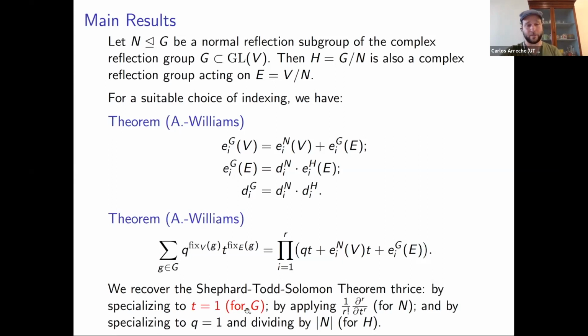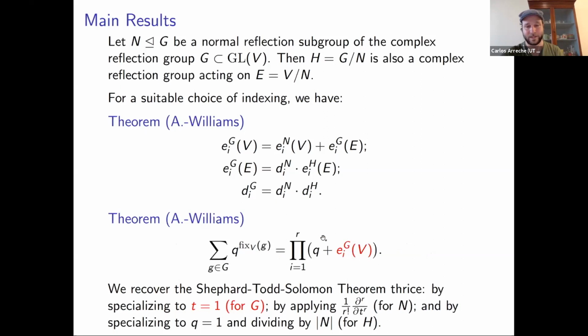For G, you get it by specializing to t equal to 1. You see that on the left-hand side, the t disappears, and you're left exactly with the same sum occurring in the standard Shephard-Todd-Solomon theorem. But on the right, what happens is that you end up adding the V exponents of N and the E exponents of G to get the exponents of G that you're supposed to have in the Shephard-Todd-Solomon.